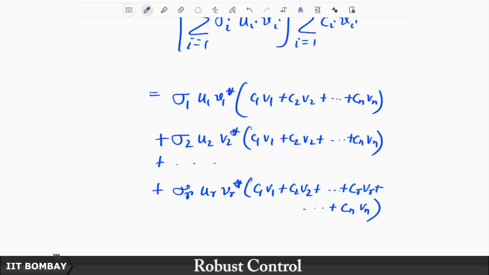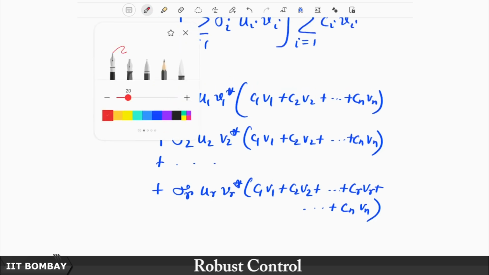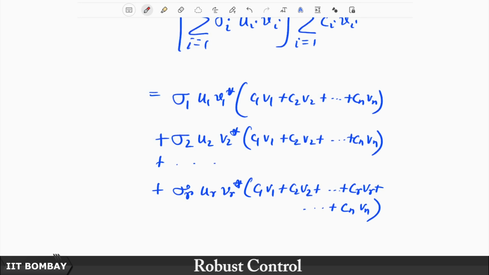But now notice that in the midst of all this product operation that we are carrying out, when I take V1 Hermitian operated with V1, I get unity, because this is an orthonormal basis. The columns of V matrix are an orthonormal basis for Cn. What about this operation? V1 Hermitian V2 leads to 0. Similarly, with every other one, this leads to 0. The only non-zero element arises when I have this operation.